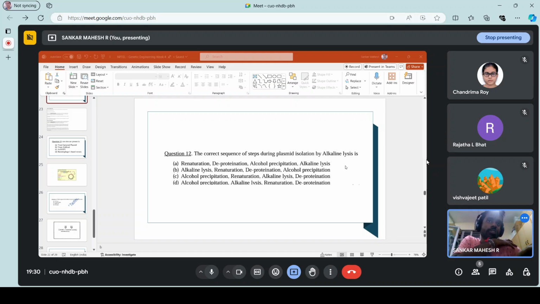It is about 1 by 500 or 1 by 1000 of the length of your genomic DNA. So when you denature, not just your genomic DNA denatures, your plasmid DNA also denatures. Your proteins also denature. Do you agree with that?